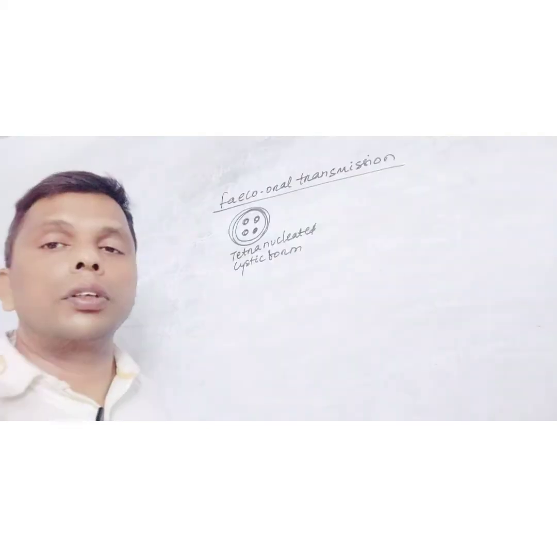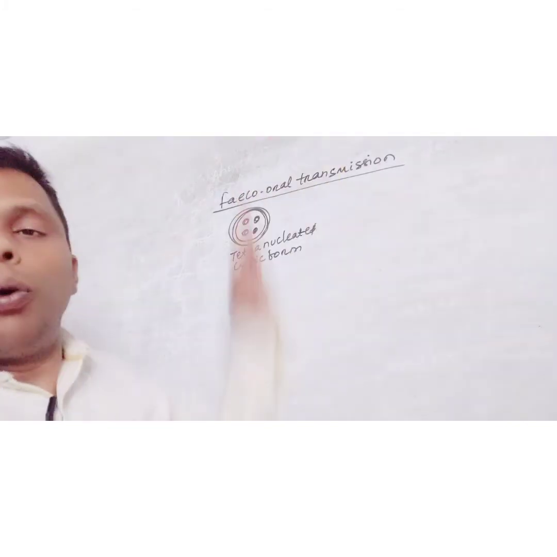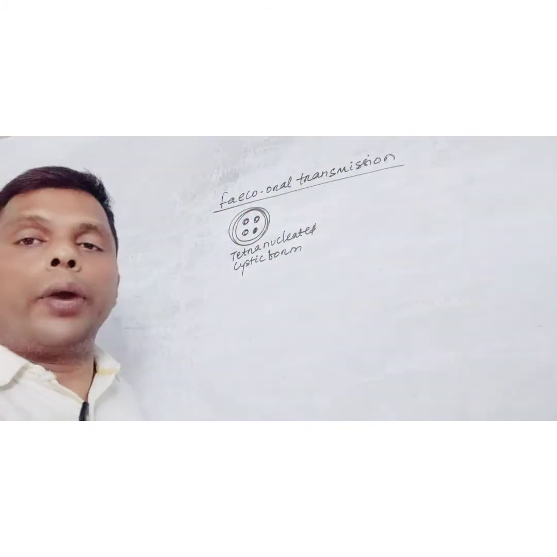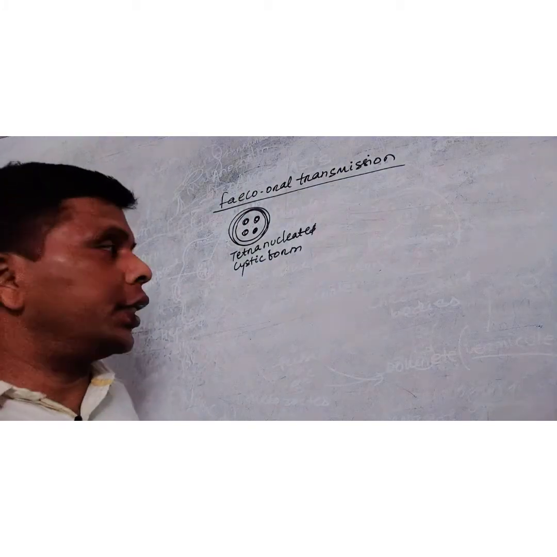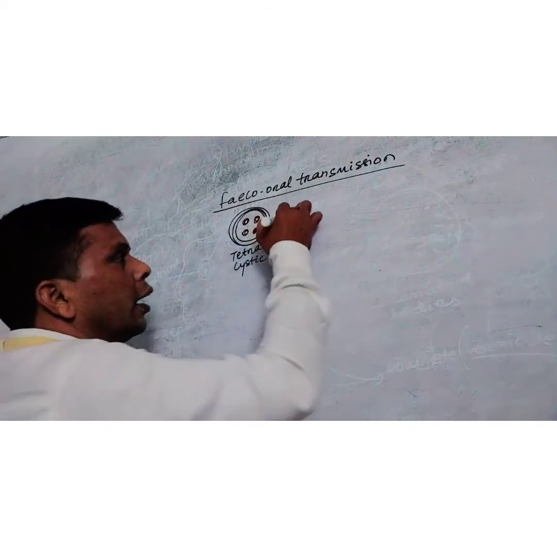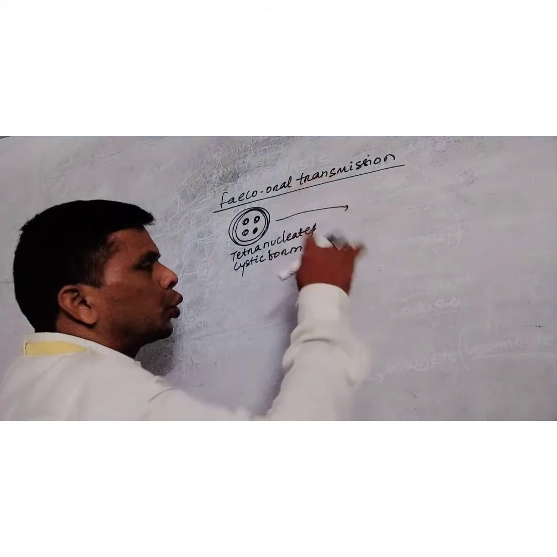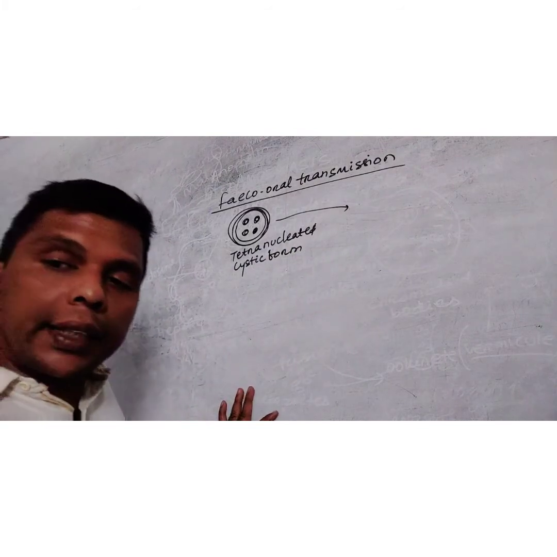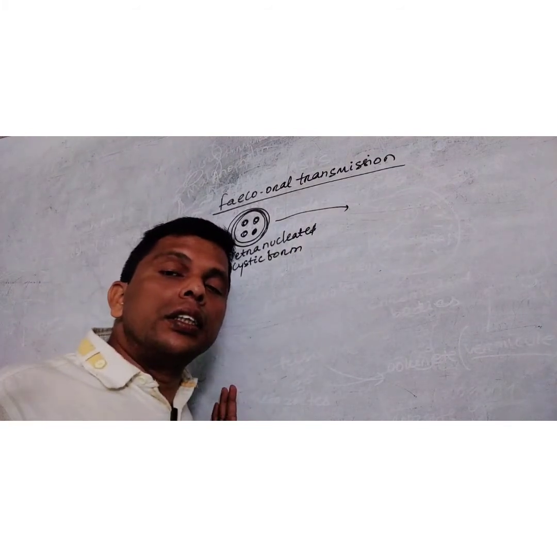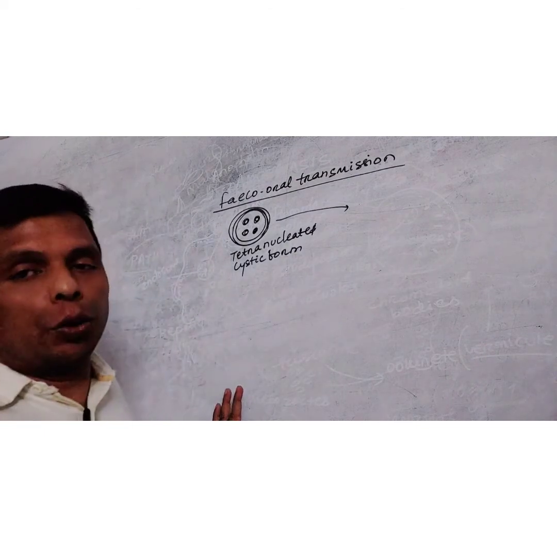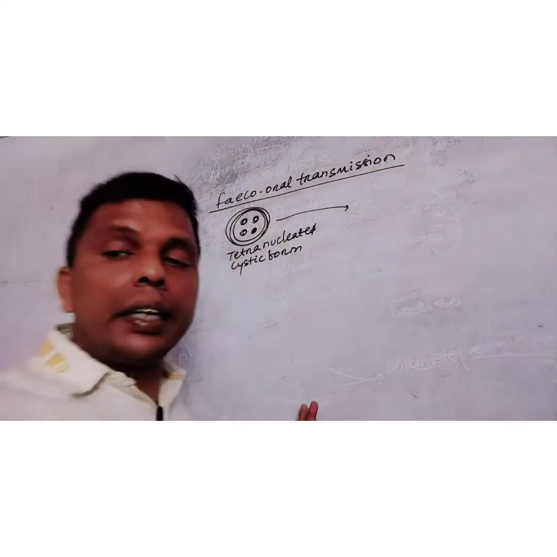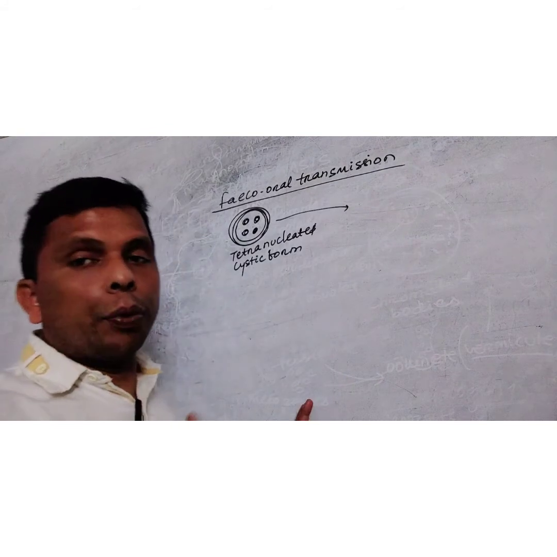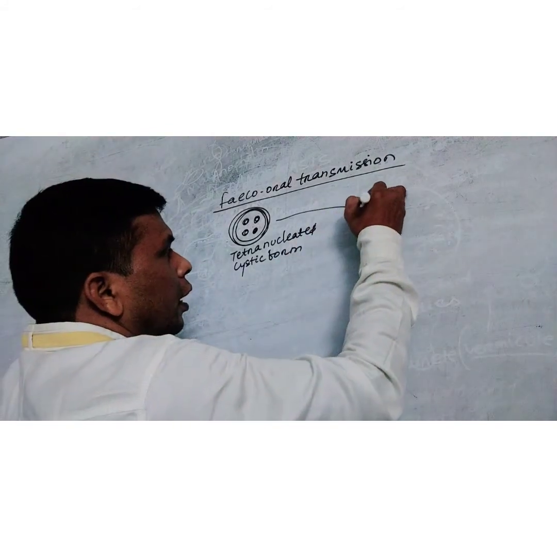Okay, so when these are transmitted, they enter into the stomach. There is no effect of acid because there is a cyst around it, so it directly reaches the human intestine.